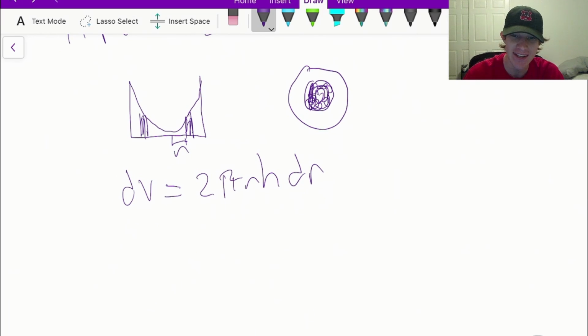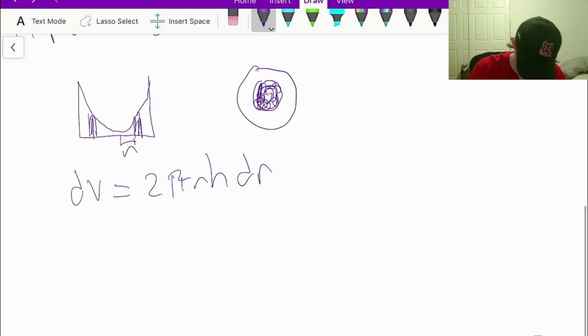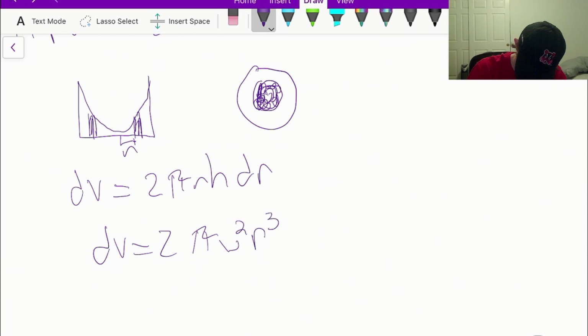Now we have to plug in h from our equation over here, and we get 2 pi omega squared r cubed dr.